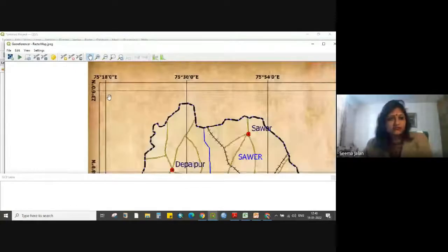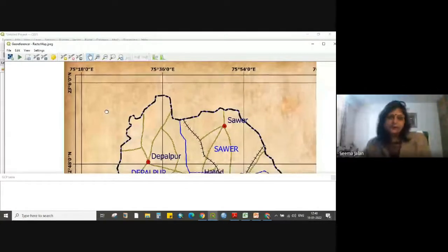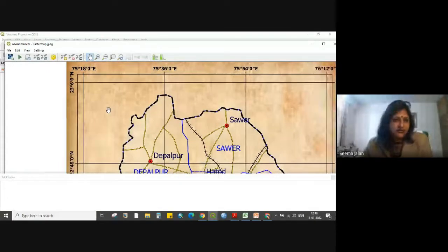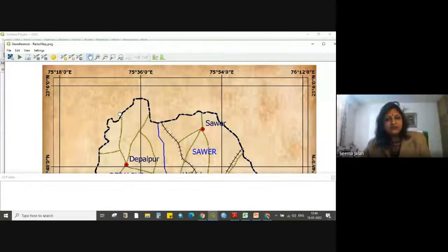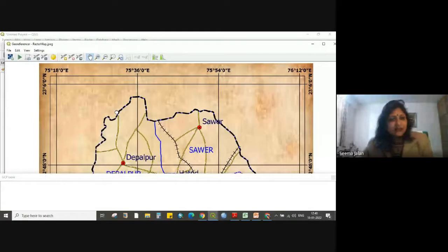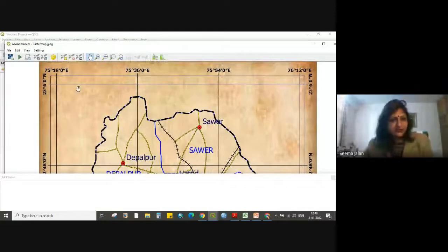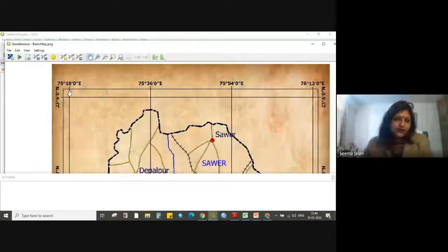That I have done. Now the second step is I have to establish a link between my image coordinates for the GCPs and the map coordinates. So what I do is I go here, add point.